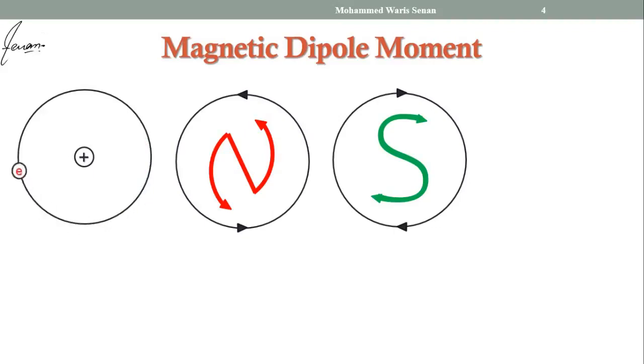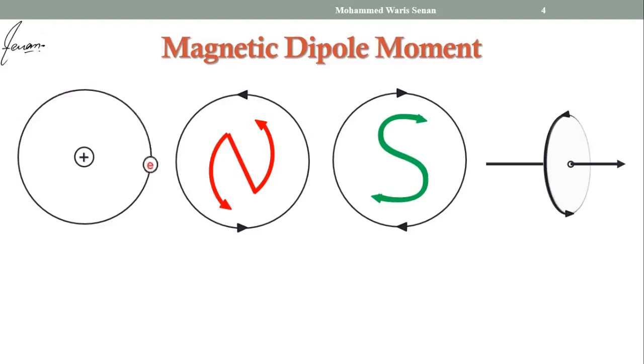Now if you analyze this loop by seeing both the sides like this, and let us consider the direction of current is anti-clockwise. By applying Maxwell's right hand thumb rule, you will find the direction of the magnetic field is from left to right.